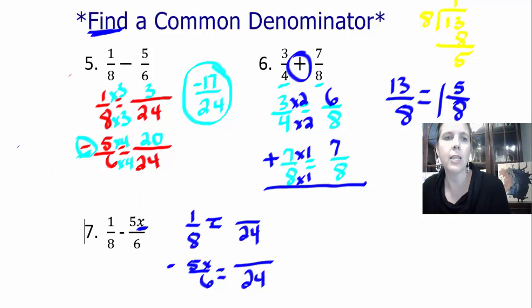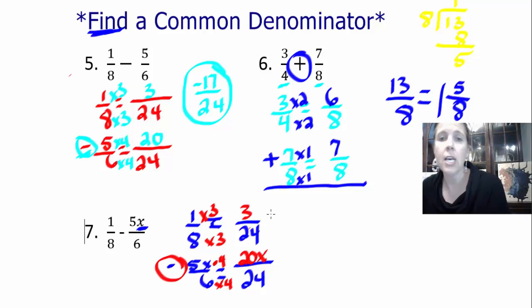We still do it the same way. 8 times 3 is 24, 1 times 3, so this would be 3 over 24. 6 times 4 is 24, so 5x times 4 would be what? 20x. And remember it's subtraction, so it's going to be 3 minus 20x.